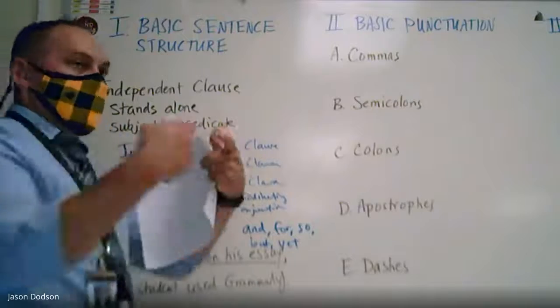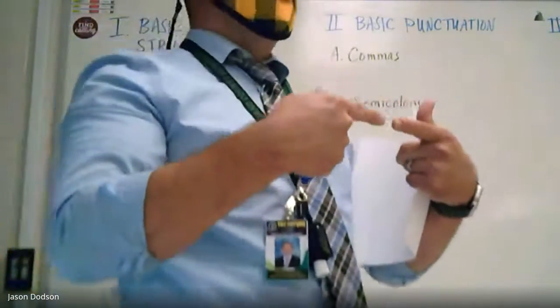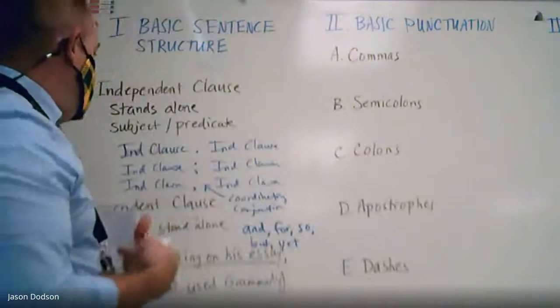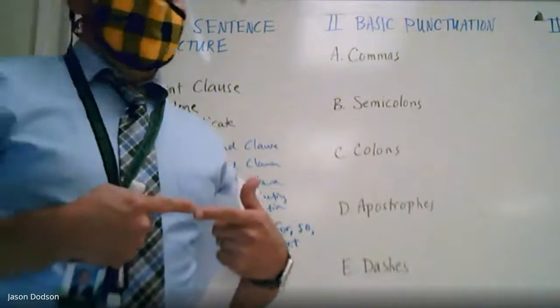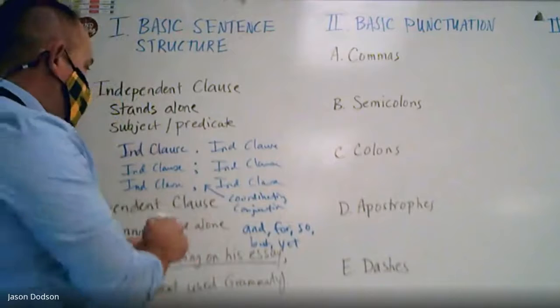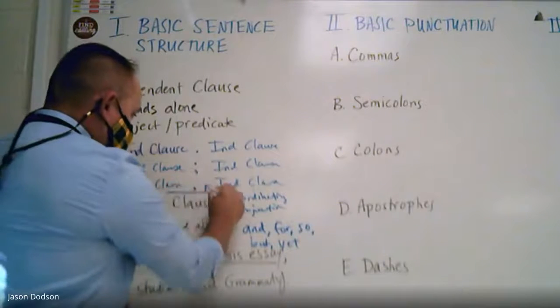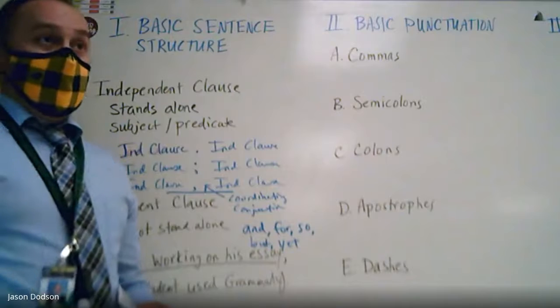Can you have two independent clauses with no punctuation between them? No, that's called a run-on sentence. Can you have two independent clauses with just a comma between them? No, that's called a comma splice. So if you have an underlined portion on the ACT that includes that portion, look to see if it has a coordinating conjunction.